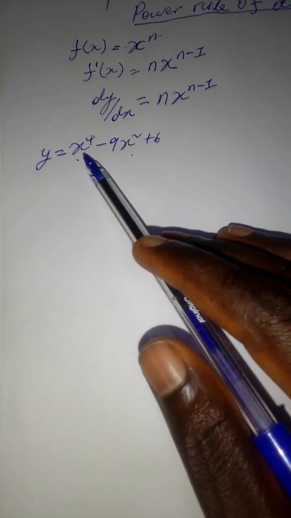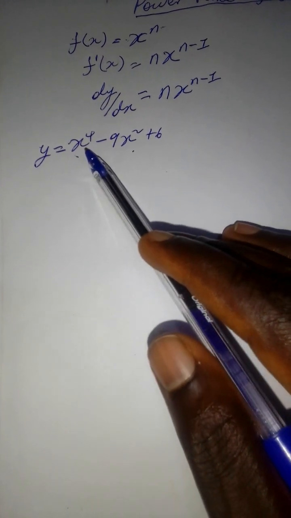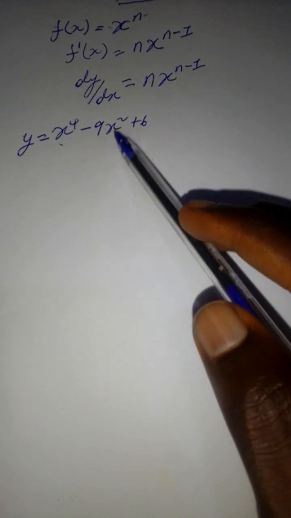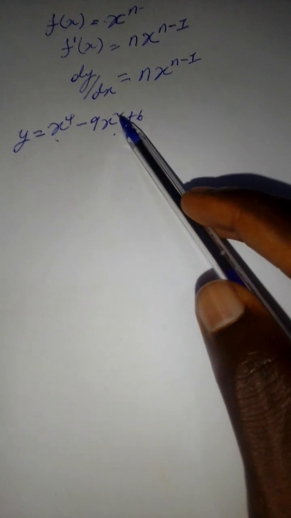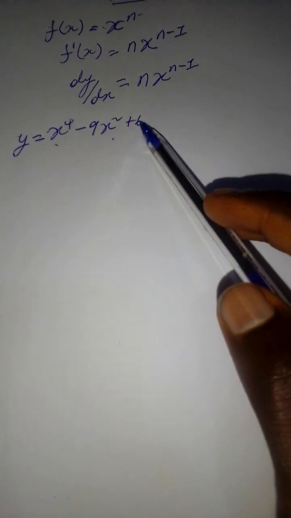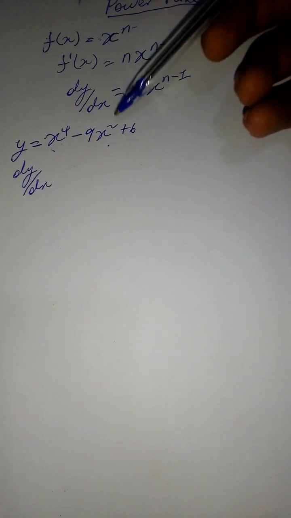So we differentiate x to the fourth separately, minus 9x squared separately, plus 6 separately. So dy/dx, where you differentiate y, is giving you 1. Since we are differentiating with respect to x, differentiating y will give us dy/dx.